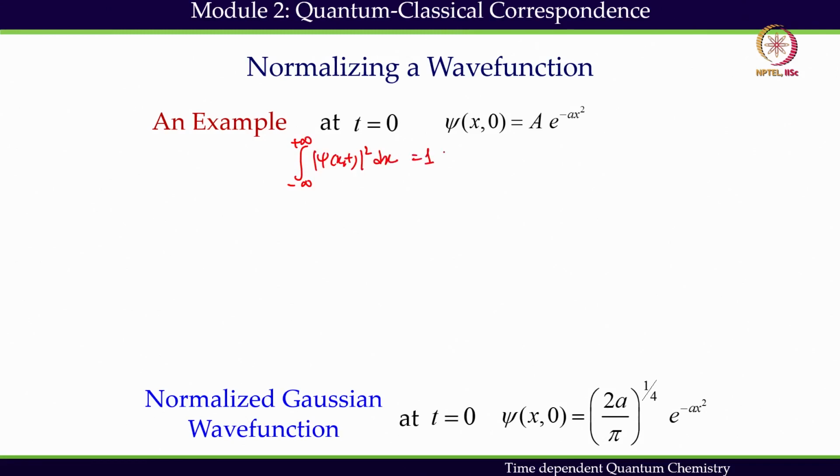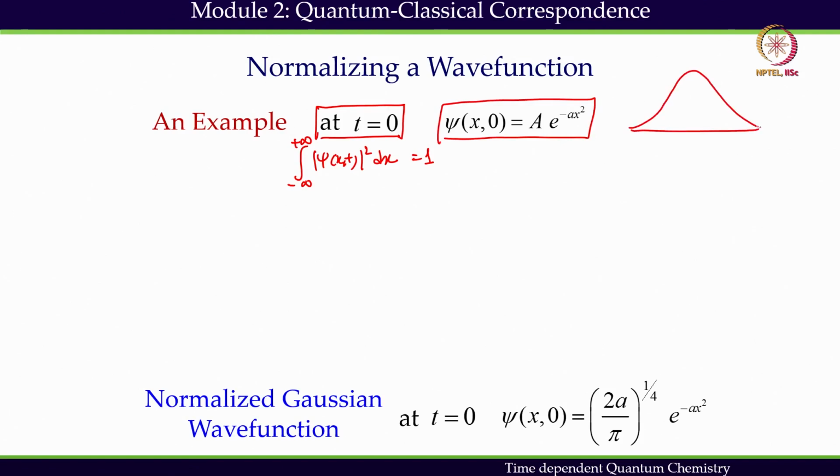That is the normalization condition, and we'll assume that at t equals 0, in the beginning of the quantum evolution, a particle can be represented by this Gaussian form. This is a Gaussian function, its amplitude is A, and it is centered at x equals 0. The function is A e to the power minus a x square.